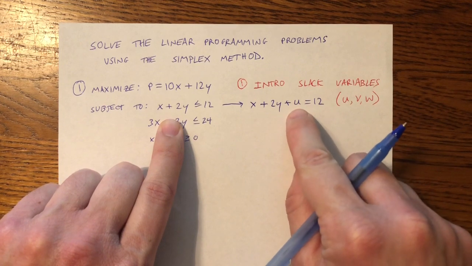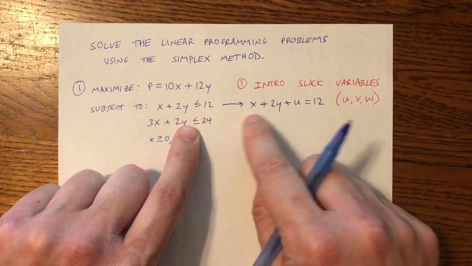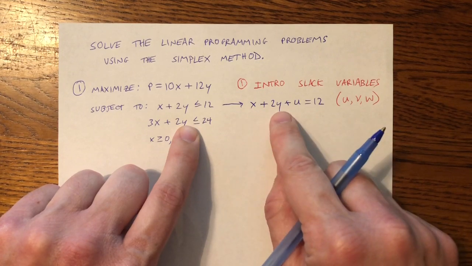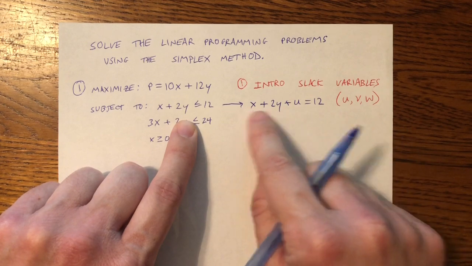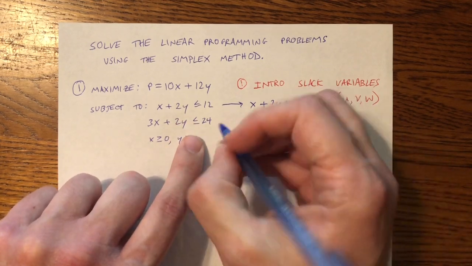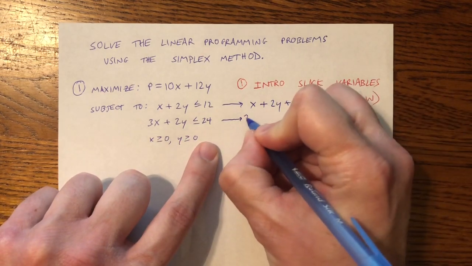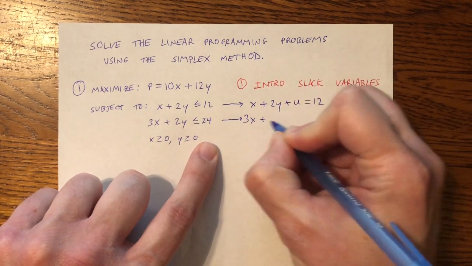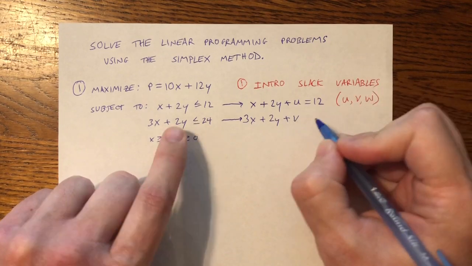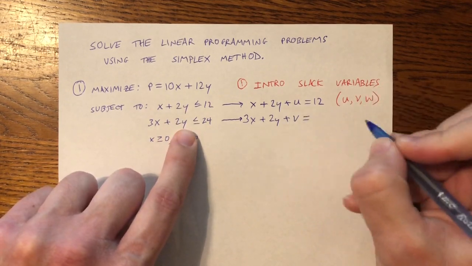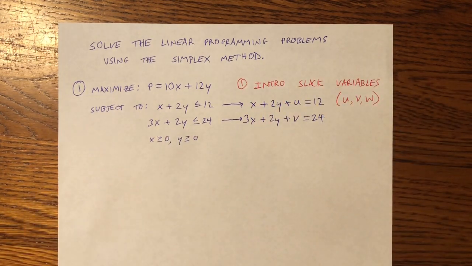This allows us to recognize that if we did not use all of x or y that we could possibly use to make it equal to 12, the slack variable would make up that slack. This allows us to create an equation. If you don't fully understand that, or if I didn't explain that well enough, I apologize. But as long as you know to introduce a new slack variable for each new inequality, you are going to be good with step number 1.